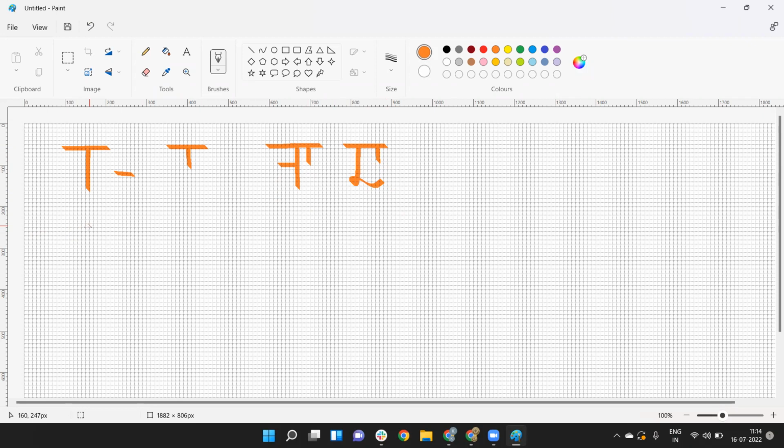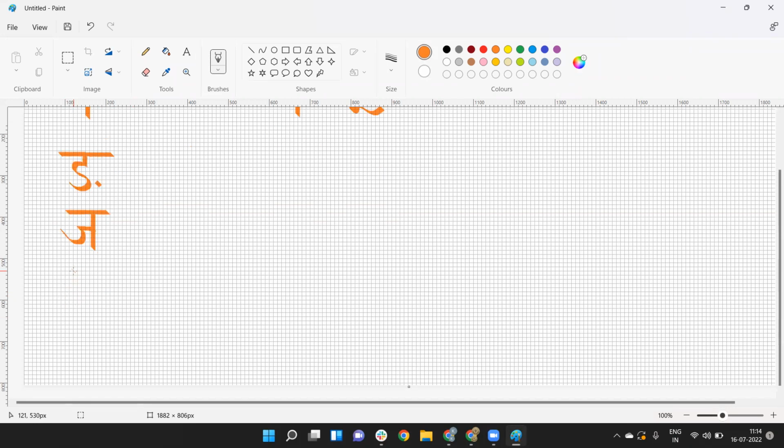Now we have some special letters. I'll be writing all the letters first in Devanagari. This is Na, the last letter from the K varga. Then Ja. Ta. Ra.